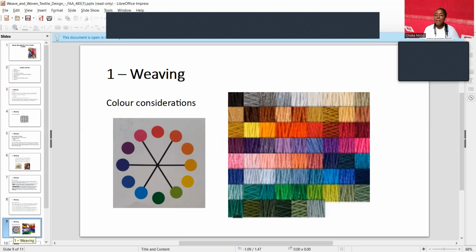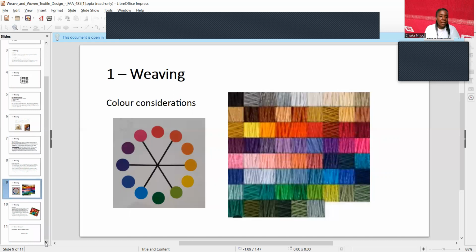You have the primary colors, the secondary colors, and the tertiary colors in this combination. On the other side, we see samples of yarns in different colors, because that's what we're going to be working with. That's what we weave with. Yarns are like threads that you use to weave. And so these are different color considerations we have to look at, the samples there, okay?